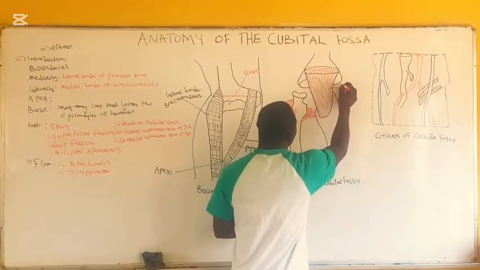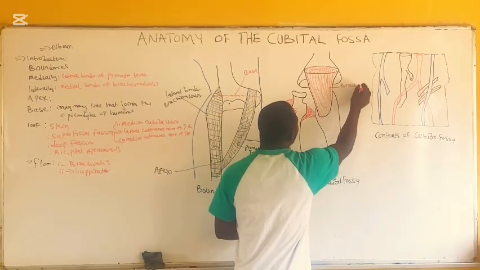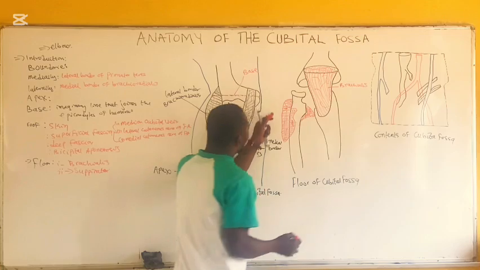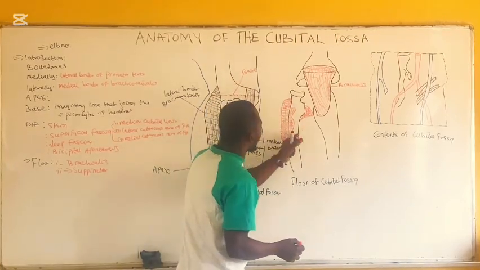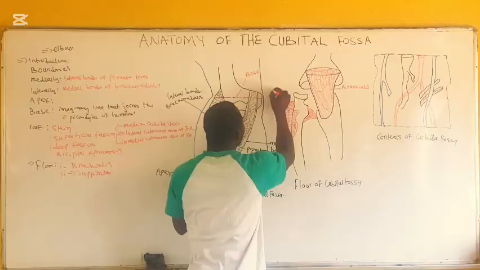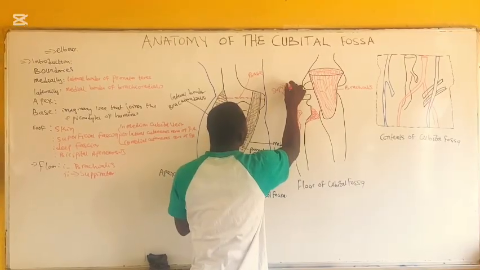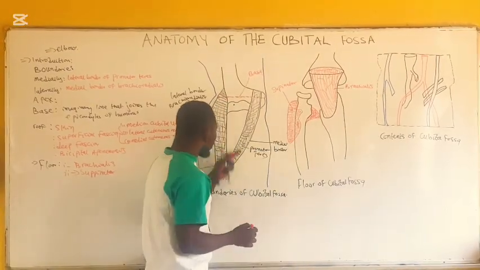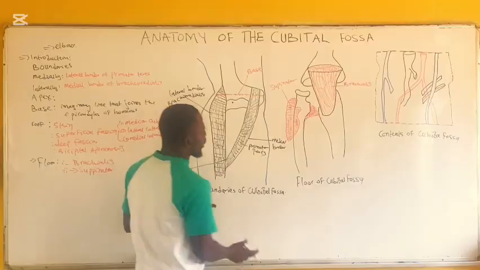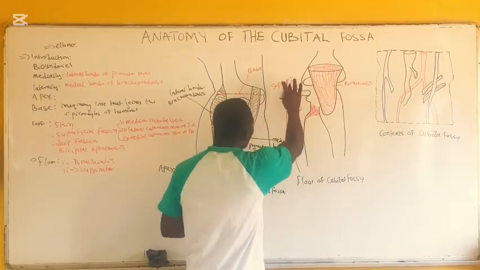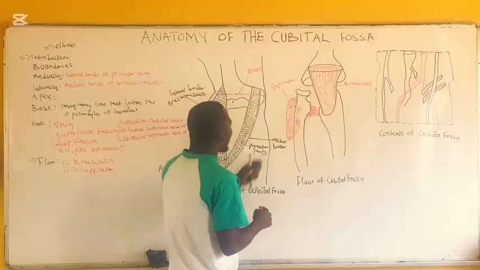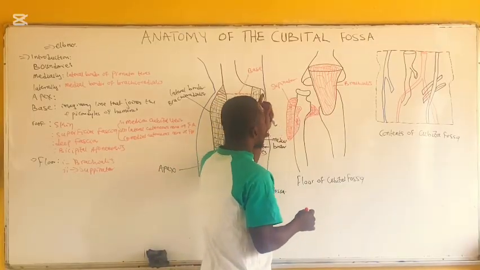This muscle here is the brachialis muscle, and the supinator is wrapped around the upper end of the radius. So this is the supinator.